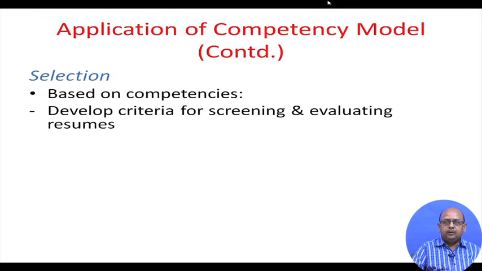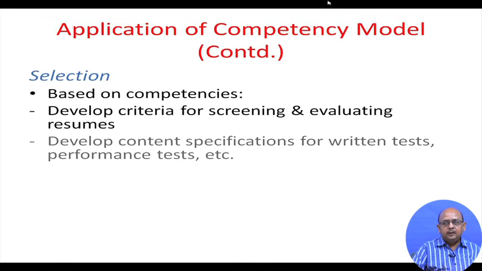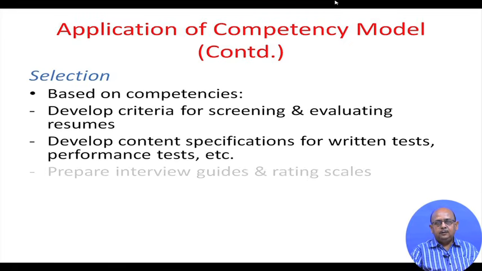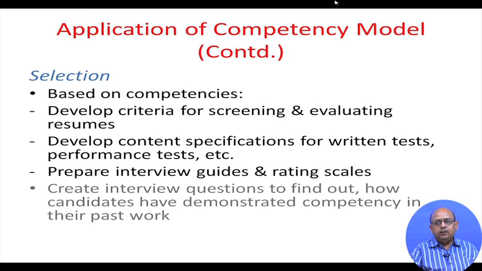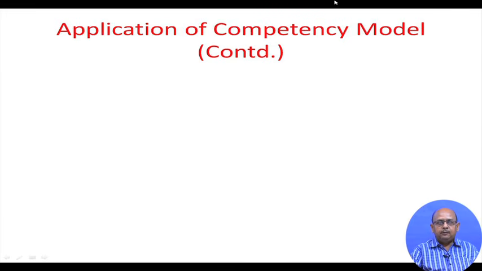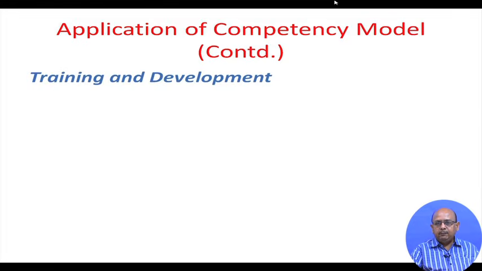Accordingly, you devise your selection process and performance tests to identify the level of competencies people have, and go through the entire selection process to identify those who demonstrate the competencies required for superior performance, right.